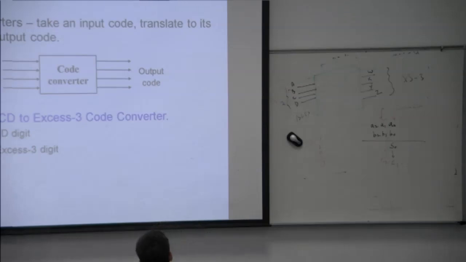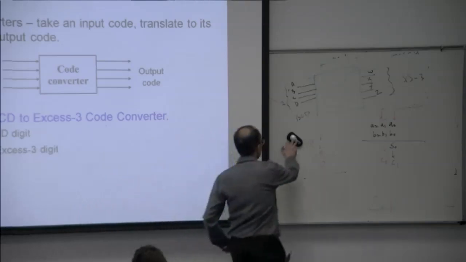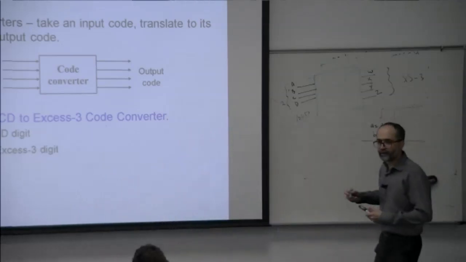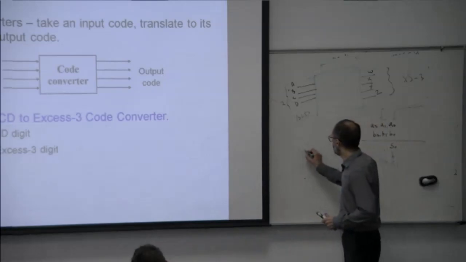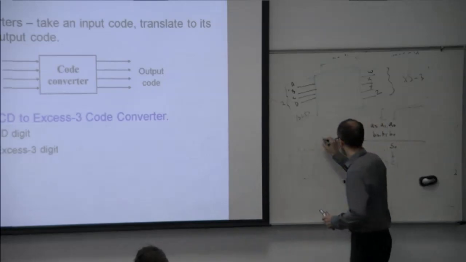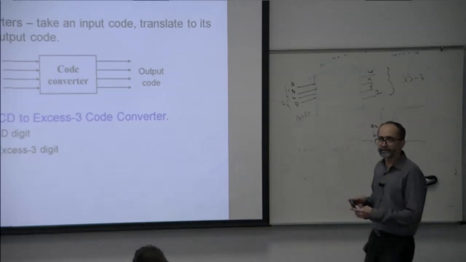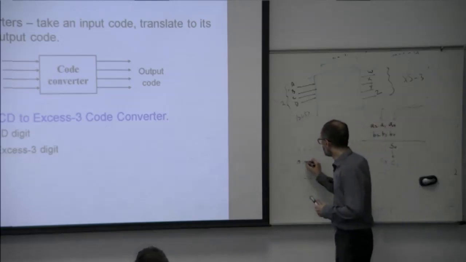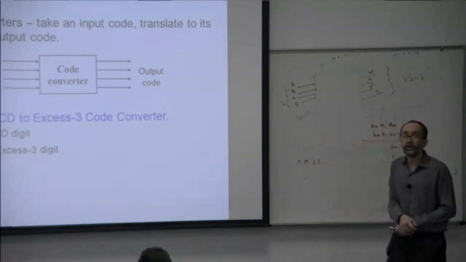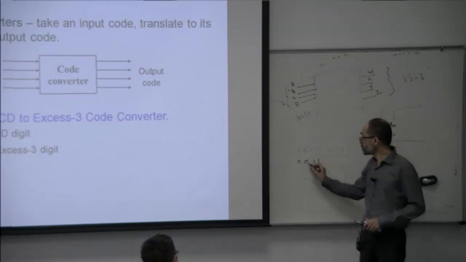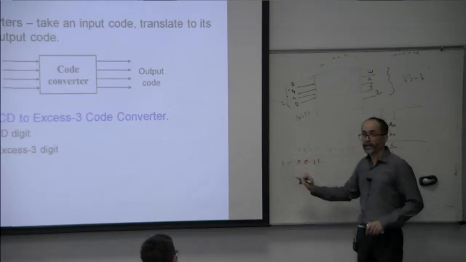Okay. I will ask some questions from each of you individually. I will not draw the complete truth table, but I will ask some students individually. Yes, please. A, B, C, D, W, X, Y, and Z. If the input is 0, 0, 1, 1, what is the output? 0, 0, 1, 1 is 3.